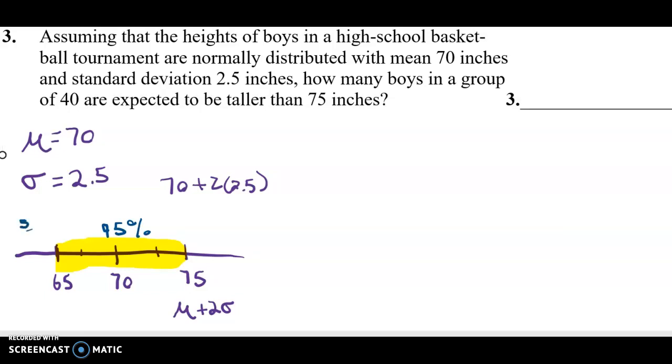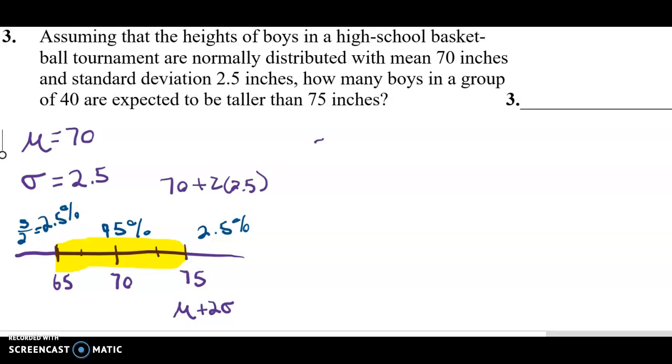So I would have 5% divided by 2, or 2.5% of our data is below 65, and 2.5% of our data is above 75. So we can say that there's a 0.025 probability of a boy having a height taller than 75 inches at this basketball tournament.